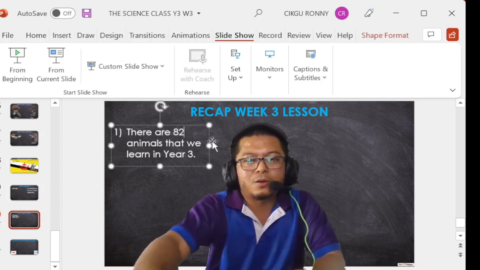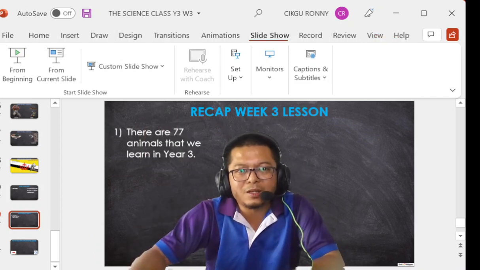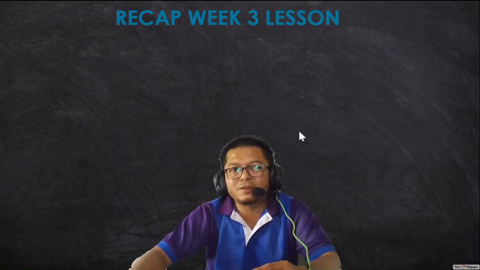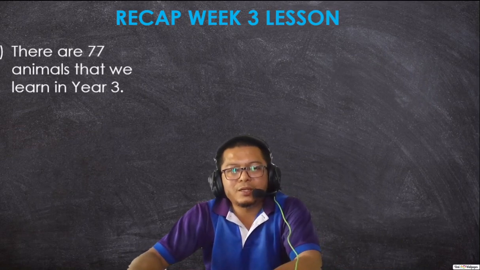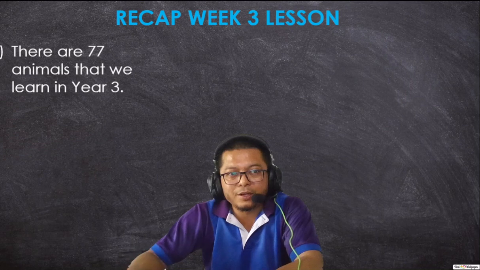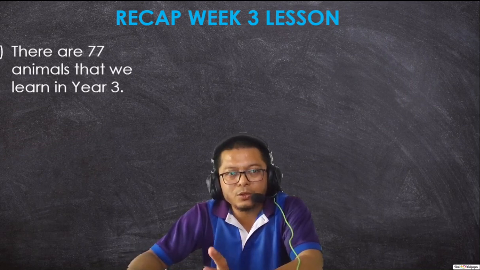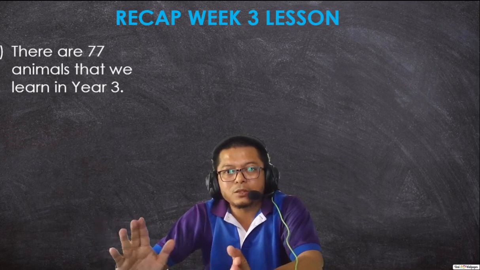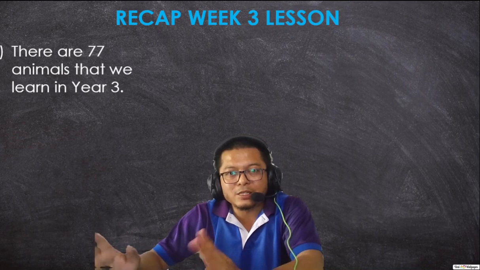No, this is wrong. We have 77 animals that we learned in year 3. There are 77 animals that we learn in year 3 for this week, and these 77 animals we will use in grouping animals to different groups of characteristics next week.